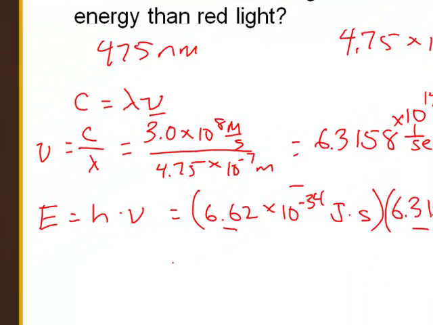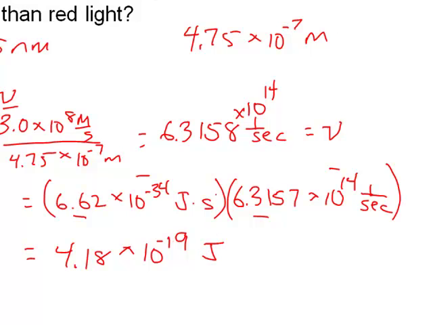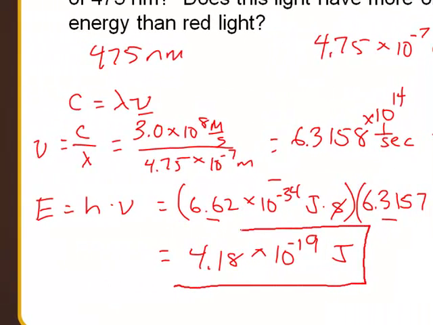And this should give us a calculated value of energy of 4.18 times 10 to the negative 19 joules. The seconds cancel out, and that's where we get our energy for 475 nanometers worth of light. So those are the steps that we go through to solve a problem like this.